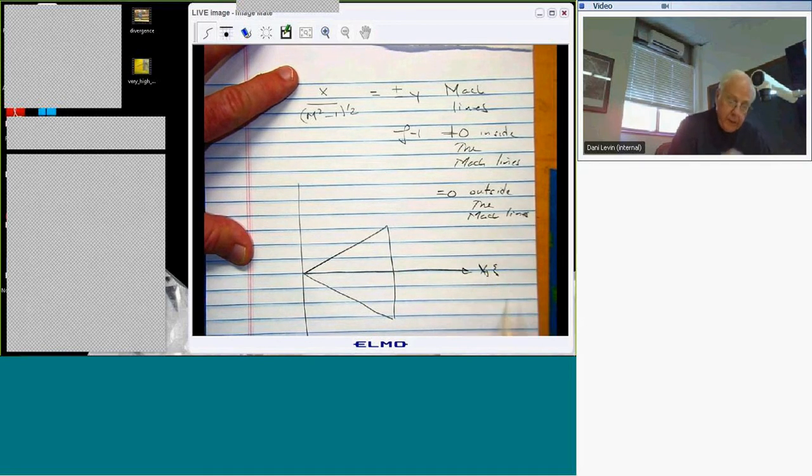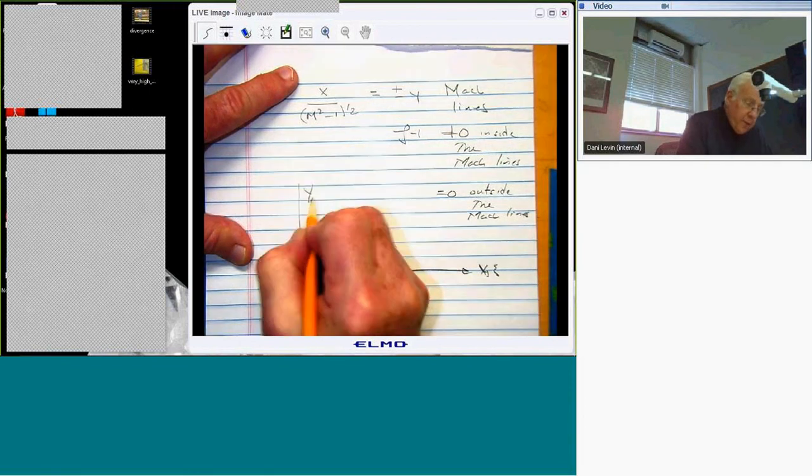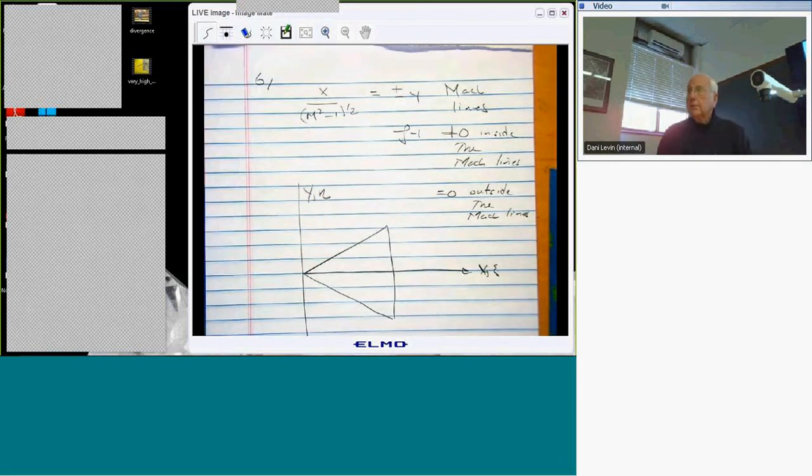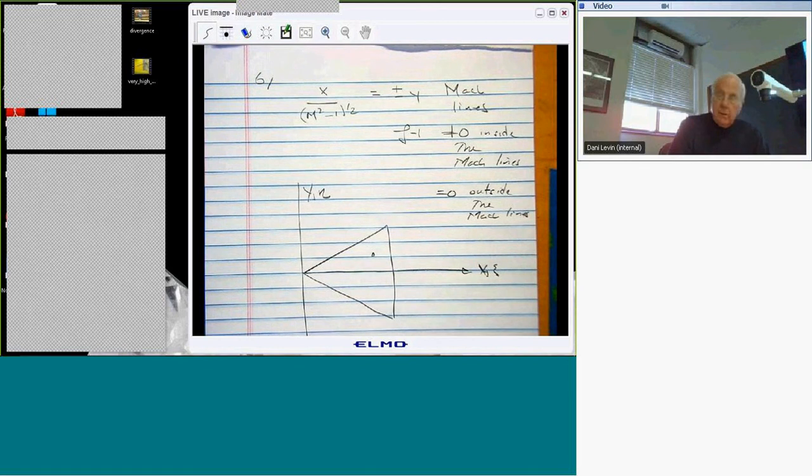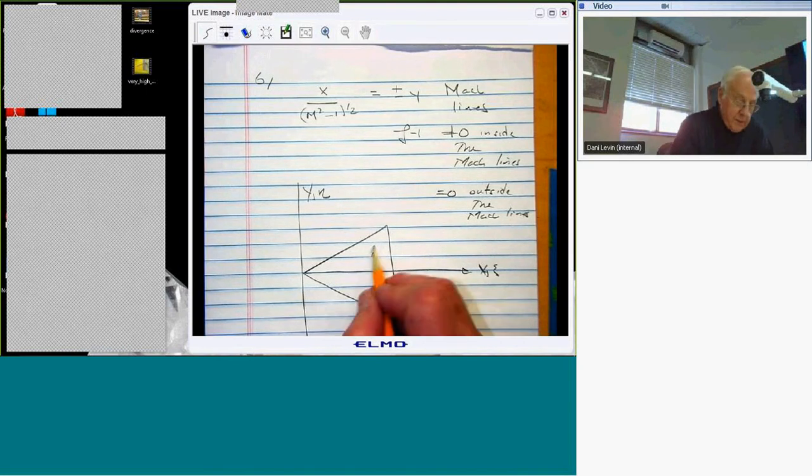And this is the y or the eta axis, where eta is the dummy variable associated with y. And now what do I want to know? I want to know the velocity potential and ultimately the pressure at some point. Call it xy. So this is some interesting point, xy.